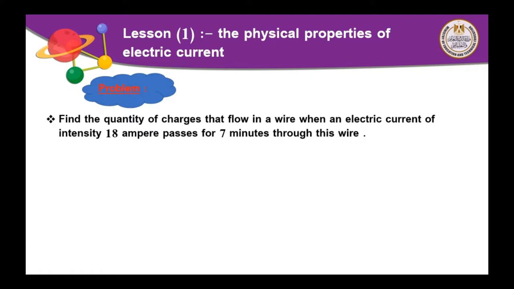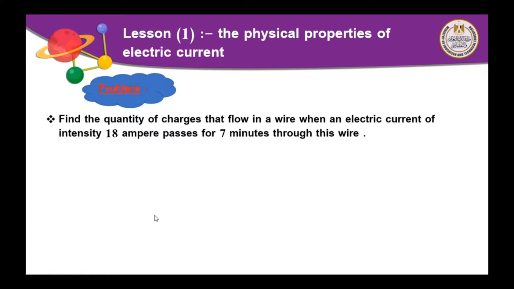Another problem. Find the quantity of charges that flow in a wire when an electric current of intensity equal to 18 ampere passes for 7 minutes through these wires. You know the first step to solve this problem.